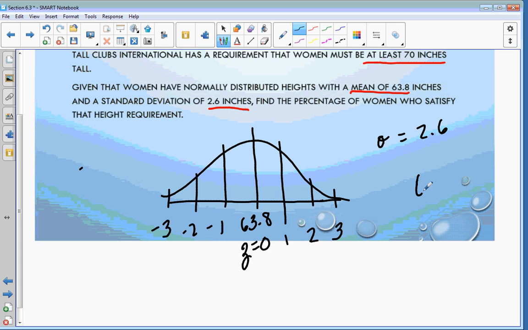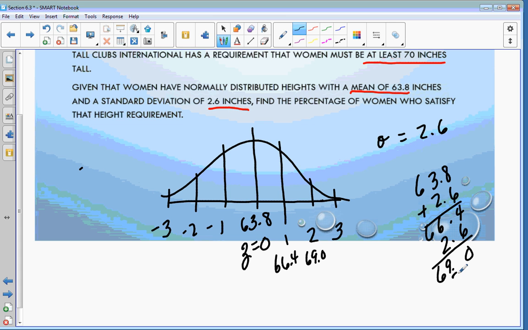All we're doing is saying 63.8, we're going to add 2.6, giving 66.4. We add 2.6 again and get 69.0. We add 2.6 again, and 3 standard deviations away equates to a woman being 71.6 inches tall.